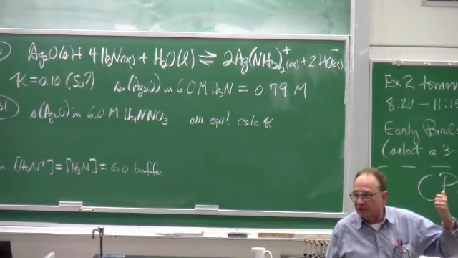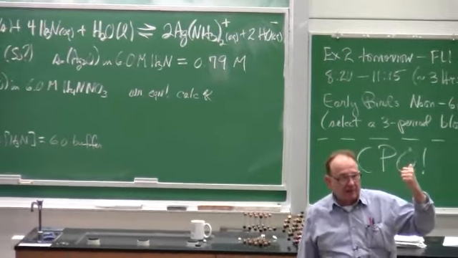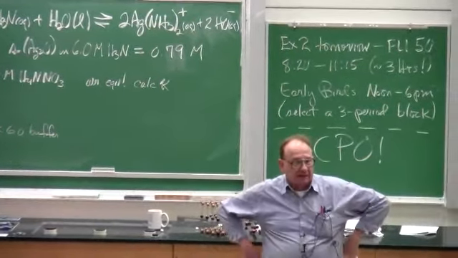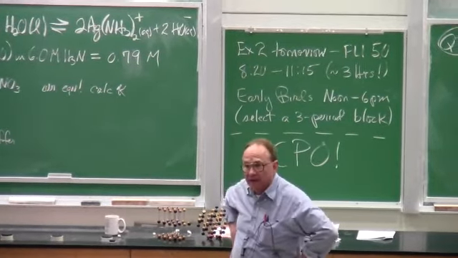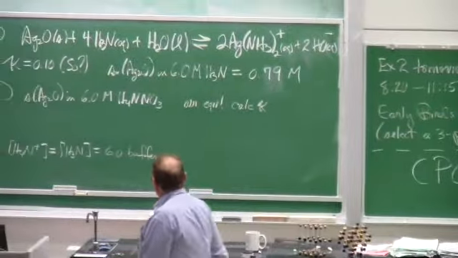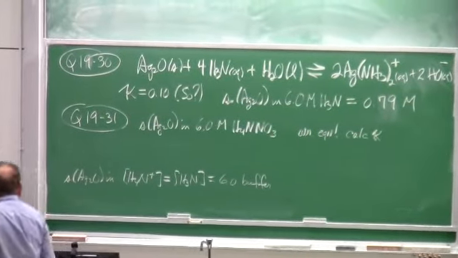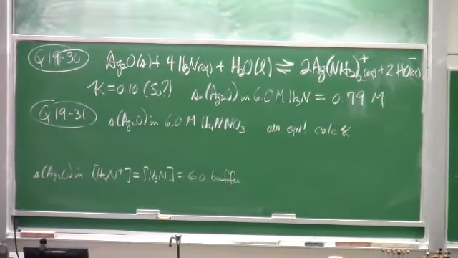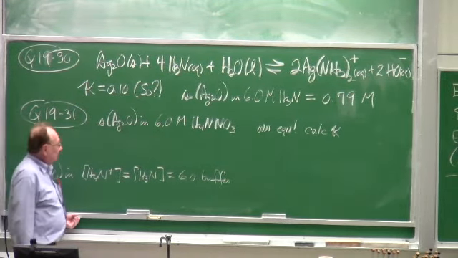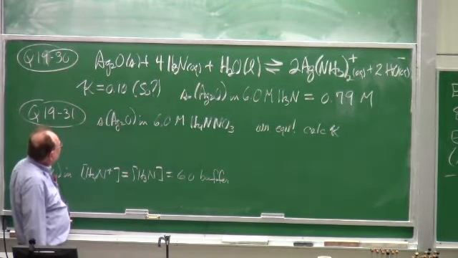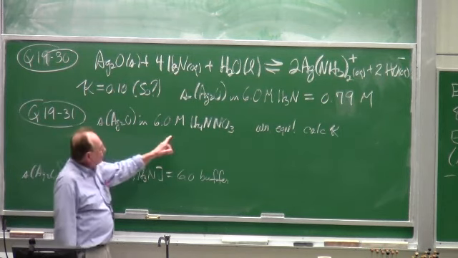Which material is more soluble in ammonia? Is it silver chloride or silver oxide? Silver oxide. That's a bigger K. And with this, you'll calculate a solubility of silver oxide in 6.0 M ammonia of 0.79. Now, what about silver oxide in ammonium nitrate solution?